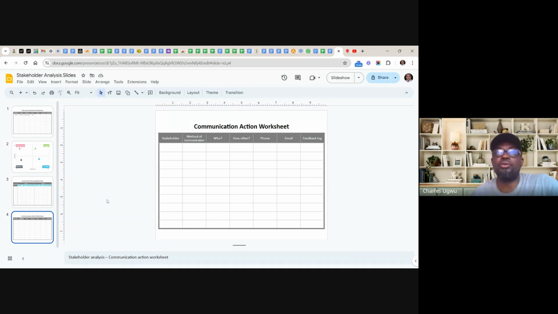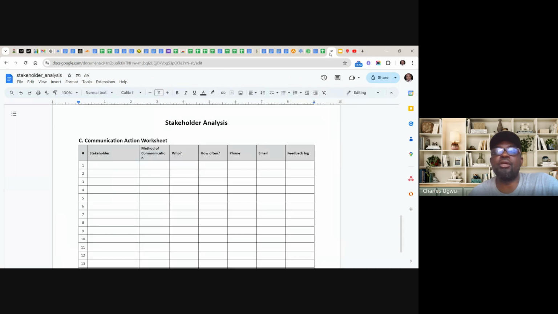analysis. I told you that I wanted to take time to explain this stakeholder analysis, and it has happened the way I said. So that is it. And this other document you see here, this is a Word document. The one I use to teach is the slide.